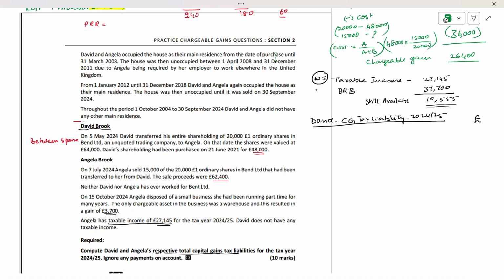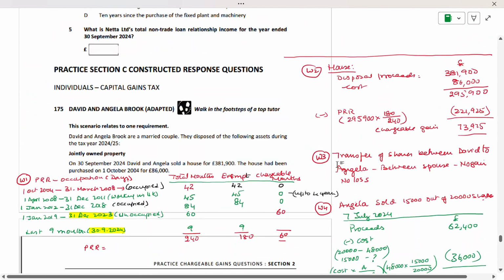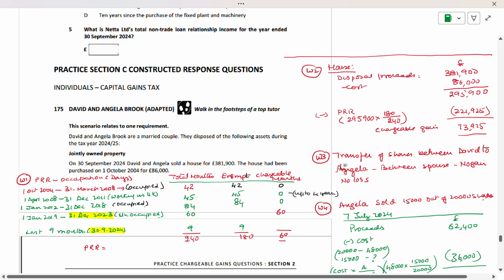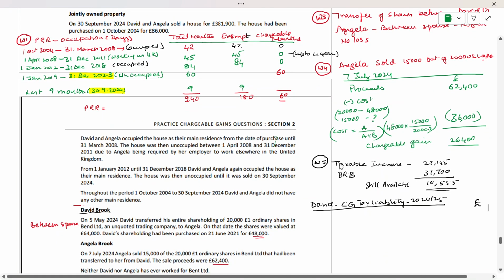How much did they get for the house? What is the capital gain tax for the house? Chargeable gains: 36,988 for each, 50-50. Good.